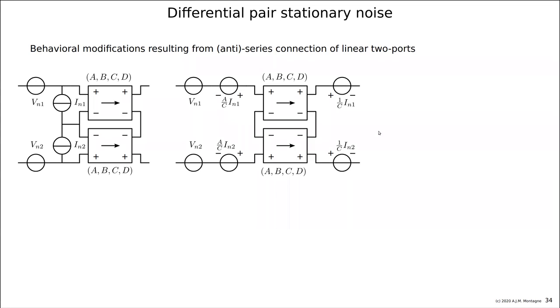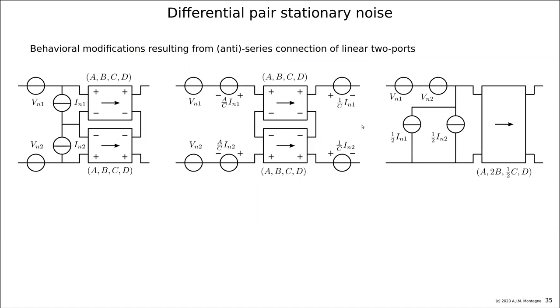And at the output, we can add them, and we can convert the output voltage source, of course, back to the input. We have a voltage source here, so we need to multiply it with C or with A. With A, it would give us a voltage source, and with C, it would give us a current source.